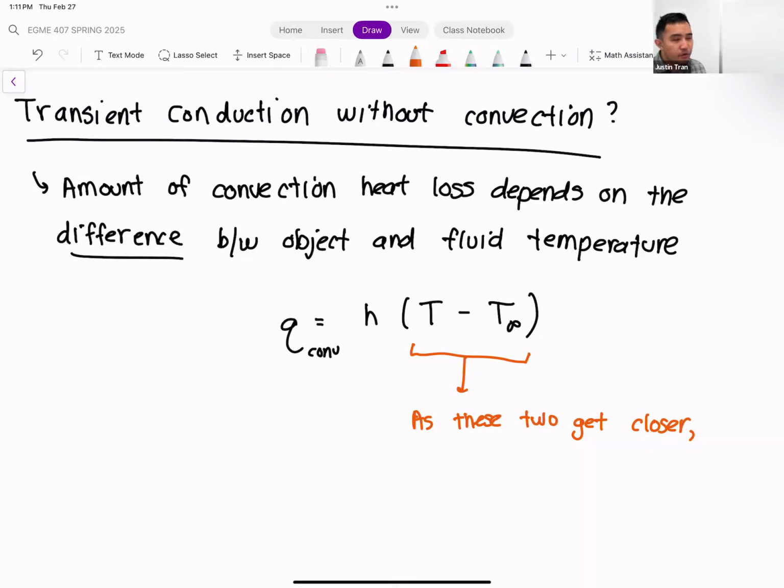the rate of heat loss due to convection actually slows down significantly.